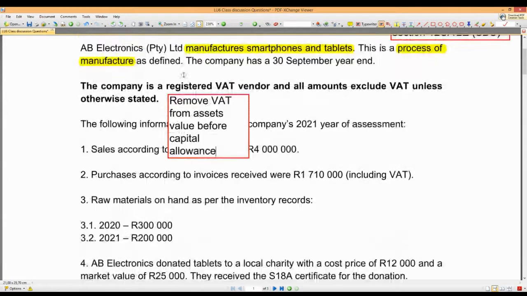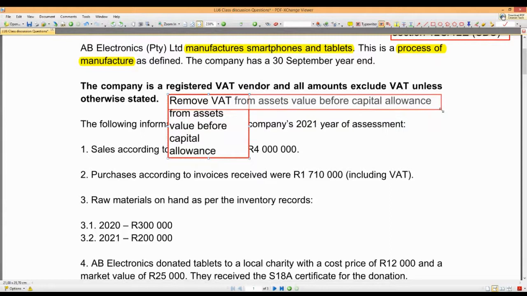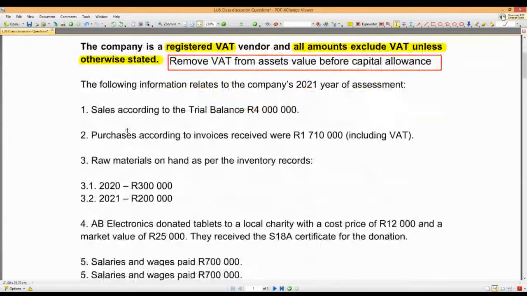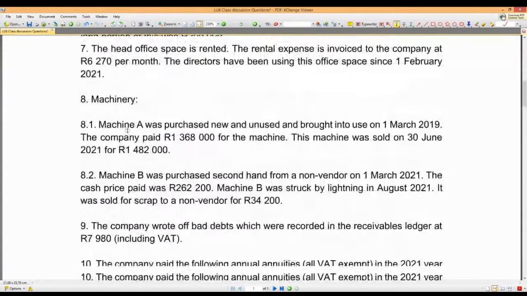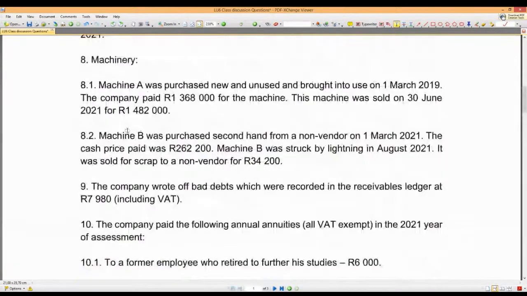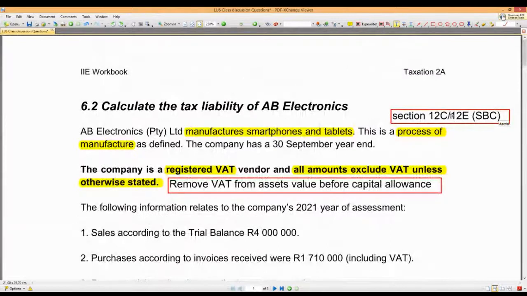Okay, so this is what they are specifically telling you in here, the fact that we are a VAT vendor, and they tell you all the amounts exclude VAT unless otherwise indicated. Okay, so we are registered for VAT. Okay, let's quickly just see if they mention at the bottom if it's an SPC. I don't see anything, so that means we will be applying Section 12C.